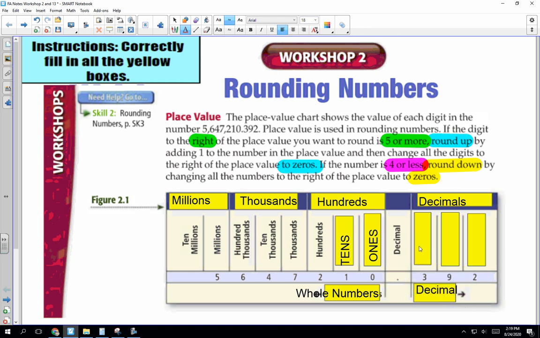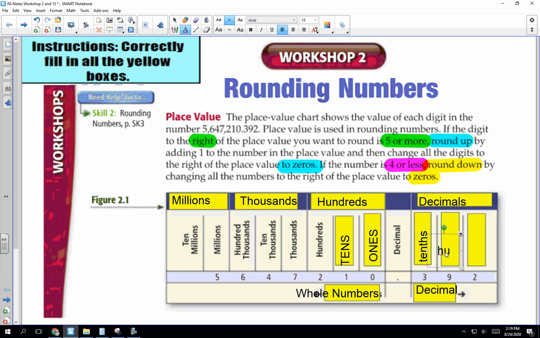Okay, and then as we go to the right of the decimals, allow me to type them. We have tenths, hundredths.